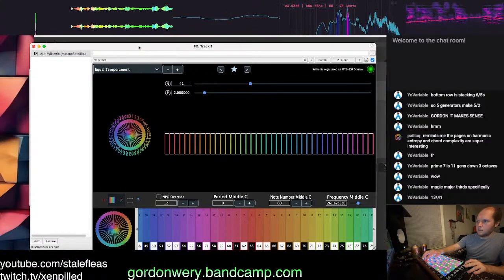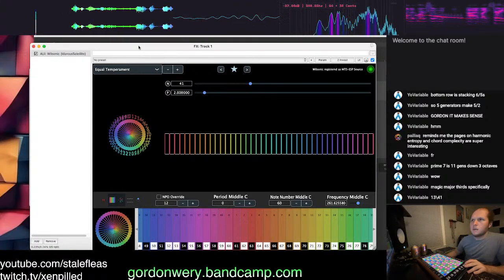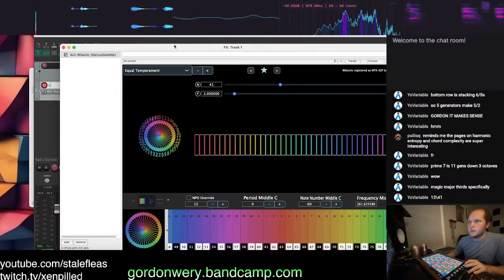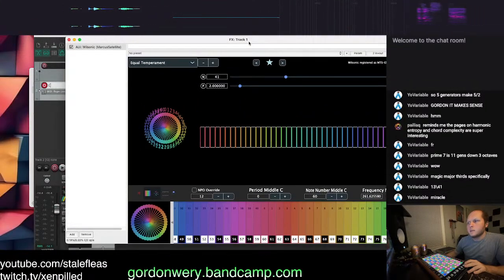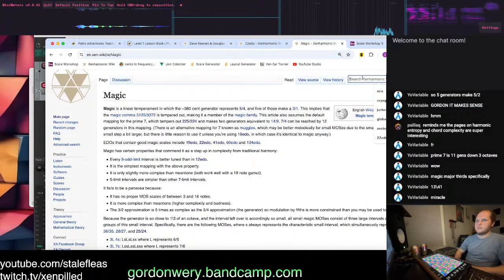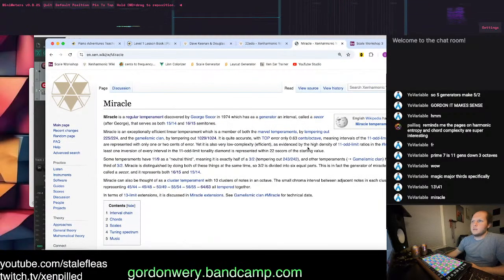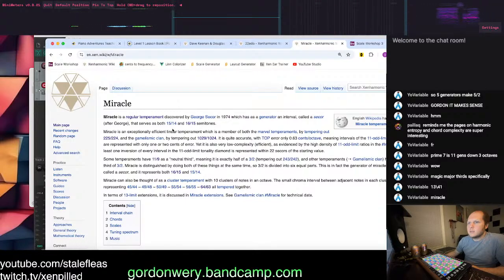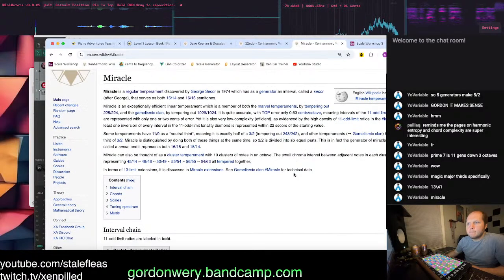Miracle is one that works in 31, 41, and 72. Miracle temperament works pretty well as a layout for 31 and 41 and 72. And the chord shapes are pretty nice.